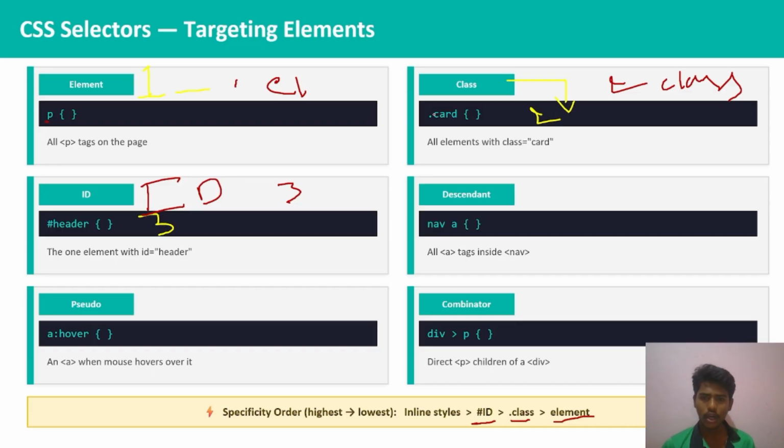Okay, next go to this. Here, card. What is this? Card with a dot. You can see this dot. There is no dot, no hash here.